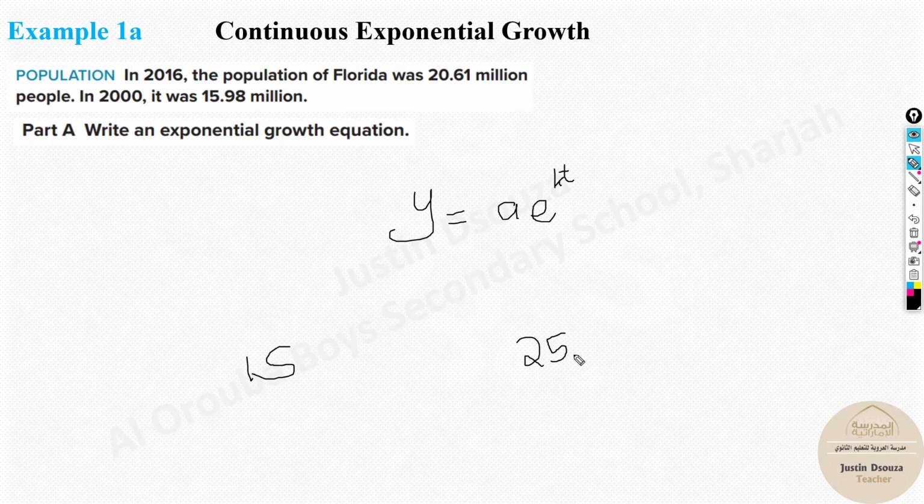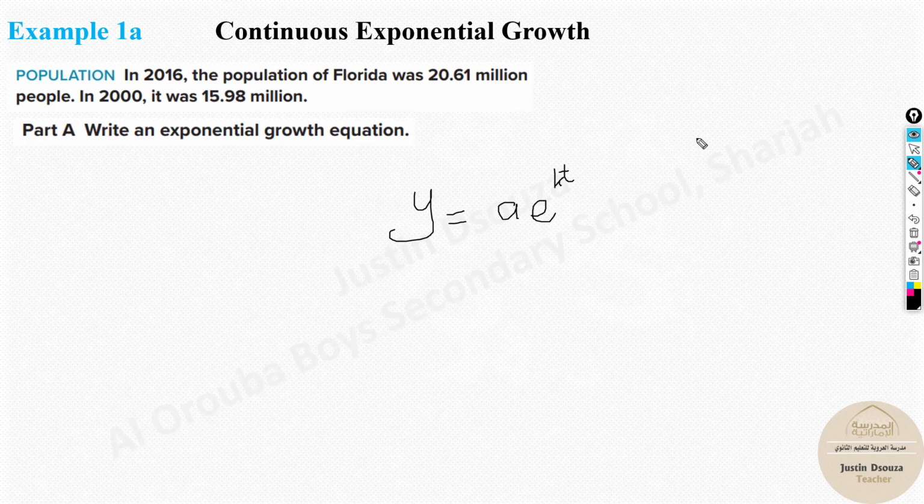So day 25, even if I mention first, and day 15 is mentioned later, the first initial point which we know is day 15. It's always ascending order. Why I told this is just over here, you can see 2016 is mentioned and then 2000 is mentioned, but it doesn't change the fact that 2000, whatever population is there, is the initial population.